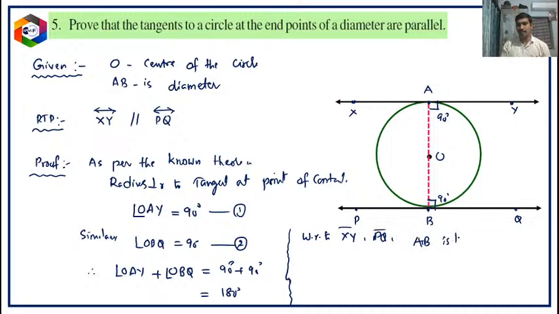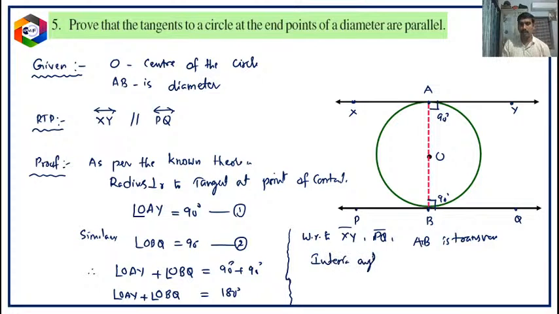The diameter is called the transversal. If this is the transversal, interior angles on the same side of the transversal sum to 180. Since angle OAY plus angle OBQ is equal to 180, the sum of interior angles on one side of the transversal is 180.